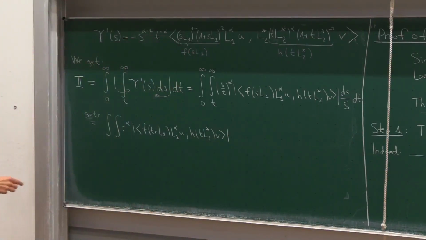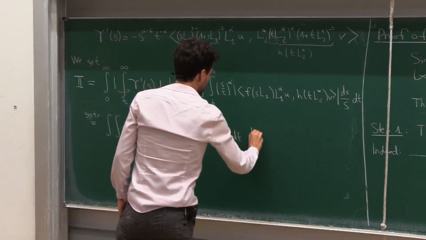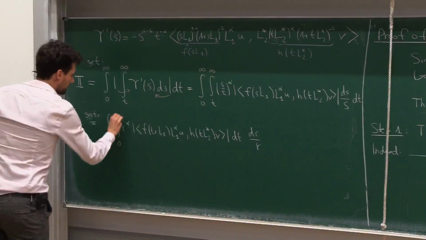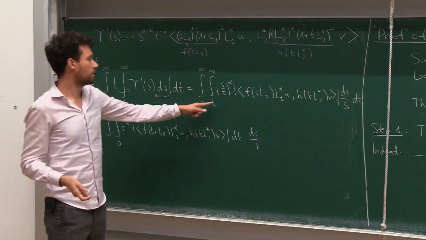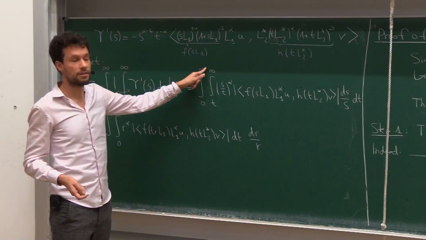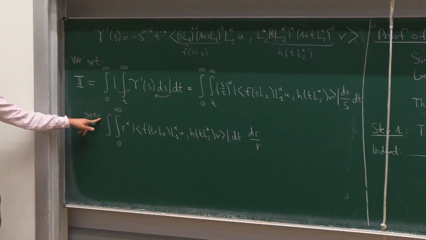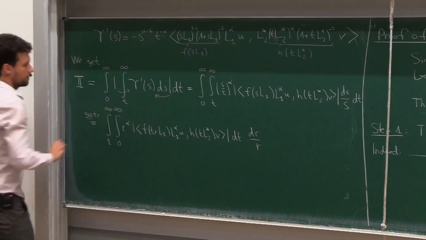I can freely change order of integration, so I'm going to do dt first, and then I'm going to do dr over R. T was always and still is running from 0 to infinity, and the only thing one should not do is forget that we have to change the bounds of integration for R. You see, S was going all the way up to infinity starting at T. So R has to start at 1 and go all the way up to infinity, so it's an integral from 1 to infinity.